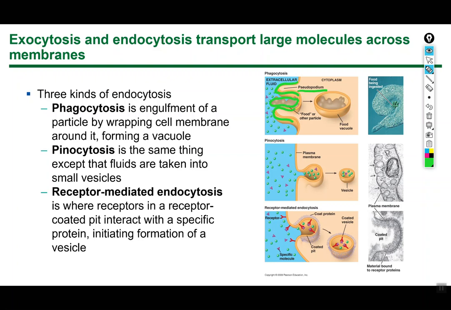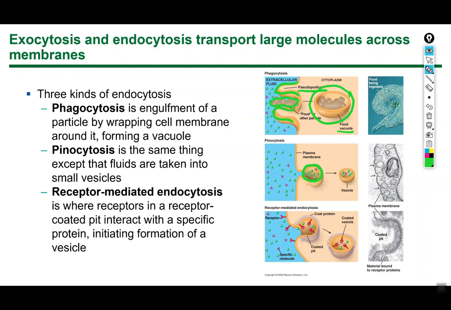And then the tips of the pseudopodia come together, creating a large vesicle, which we call a food vacuole because it contains both the item being consumed, but also a significant amount of water. Pinocytosis is kind of like the cell taking a little sip of its environment, and along with that sip of fluid, it takes in molecules as well.